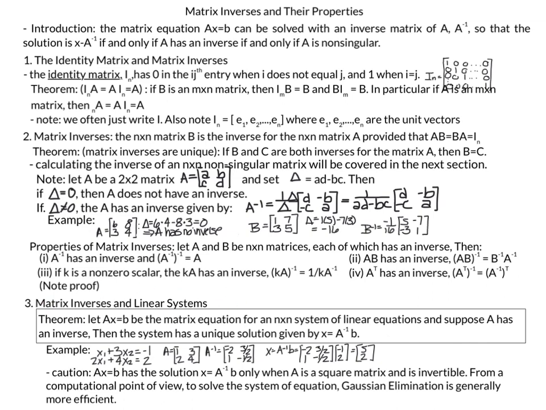And last, we talked about matrix inverses and linear systems, and this is the big important theorem. Let AX equals B be the matrix equation for a system of linear equations. Suppose A has an inverse. So again, this is one of the conditions. Then the system has a unique solution given by X equals A inverse times B.